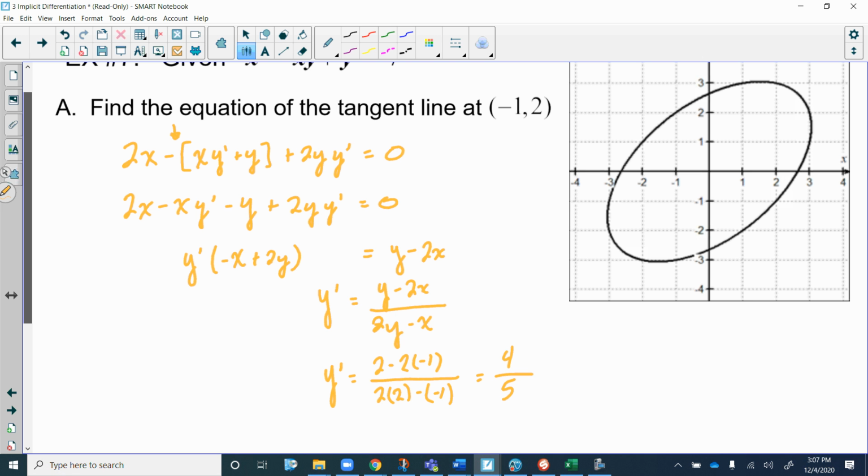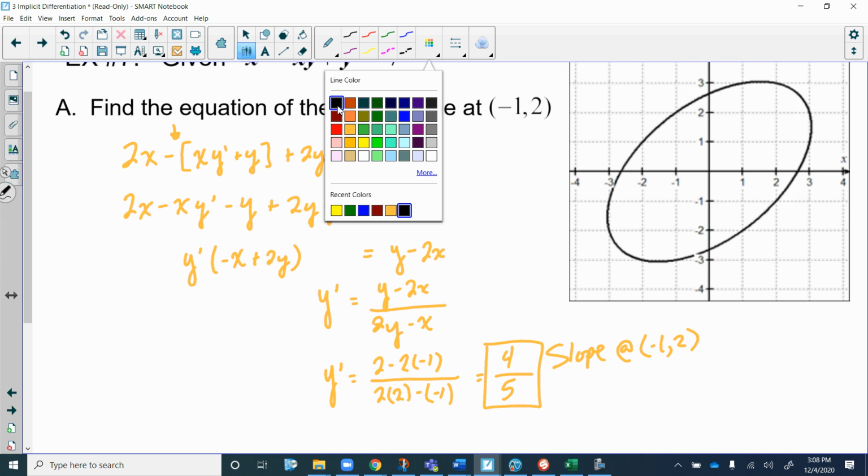So that would be the slope of the tangent line at the point negative 1 and 2. Since they gave us that point, we're going to plug it in, because it wants to know the equation of the tangent line.